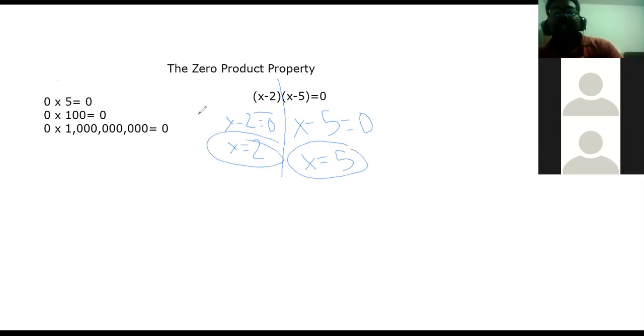Oh, something important to know about quadratic equations. This is going to become more important as we move on in the lecture series, like when we start talking about how we solve what we can't factor. But quadratic equations are always going to have two answers.